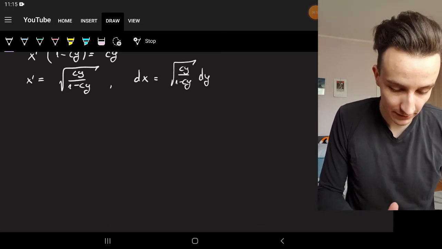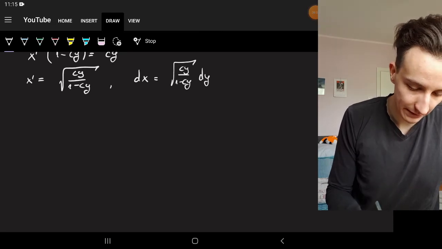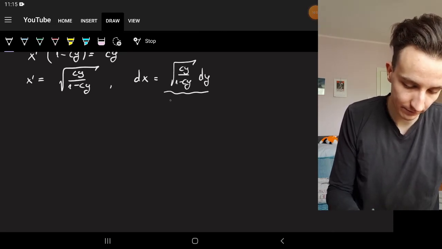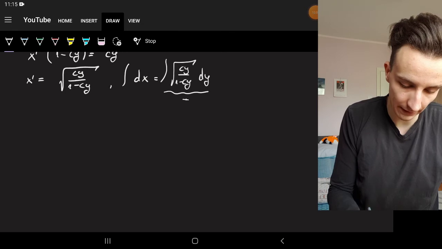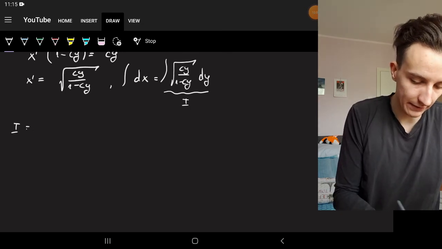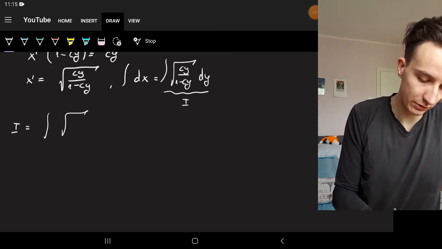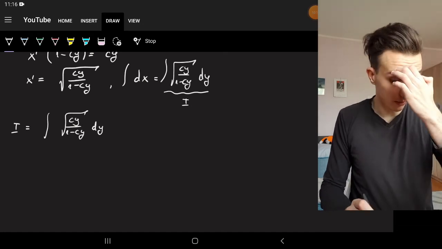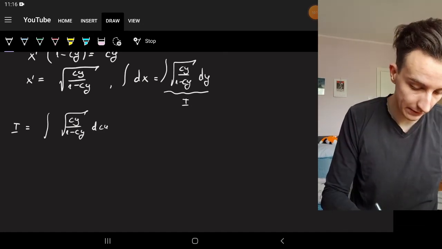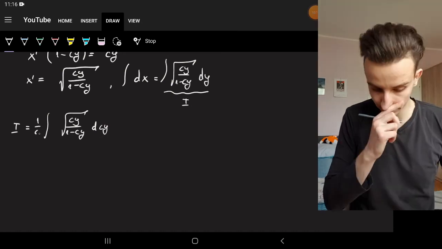Okay, so integrate both sides, and I'll just be looking at this. Let's call that I. So I is the integral of the square root of cy over 1 minus cy dy. First of all, I'll multiply by c and divide by c.